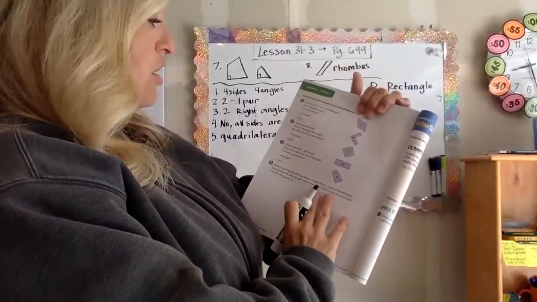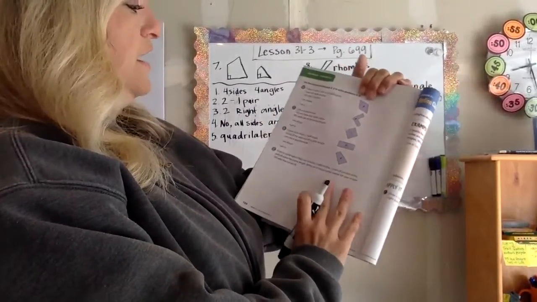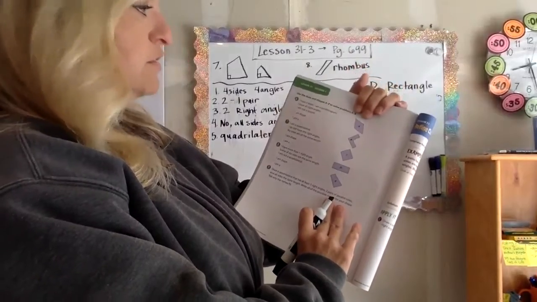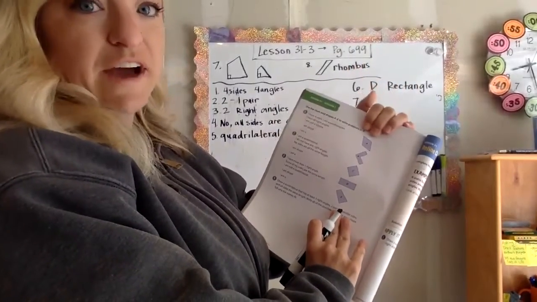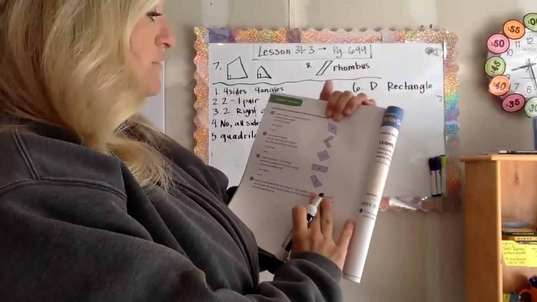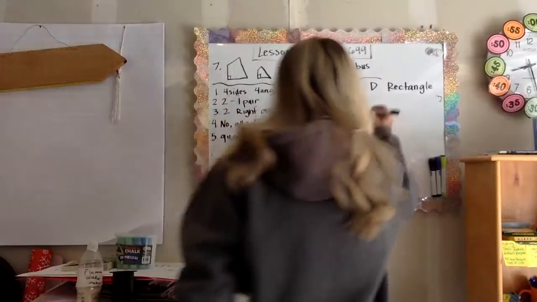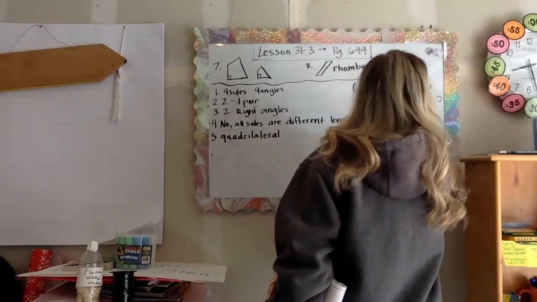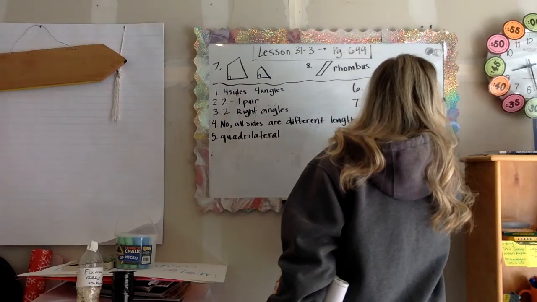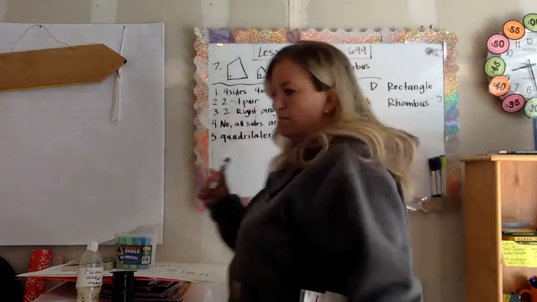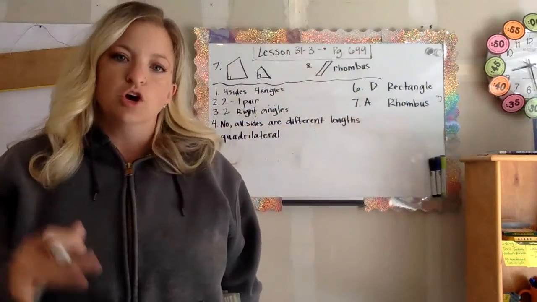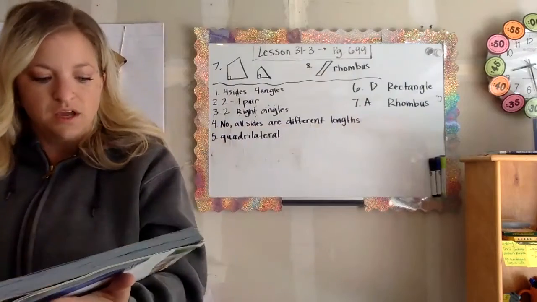So if they have all the same length and they don't have any right angles, hopefully you know right out of the gate that that is a rhombus. So you're looking for a rhombus. So that's letter A, rhombus. A rhombus has all sides the same length, but no right angles.